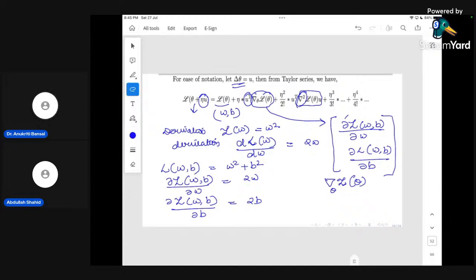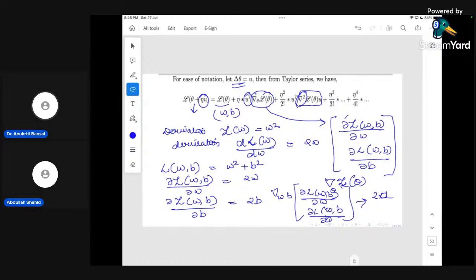If I want to write it, it will be something like this, and it will give me a matrix of 2 cross 2.